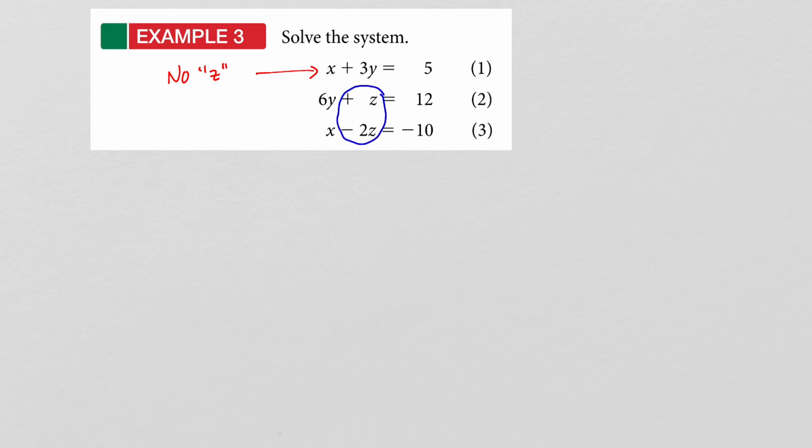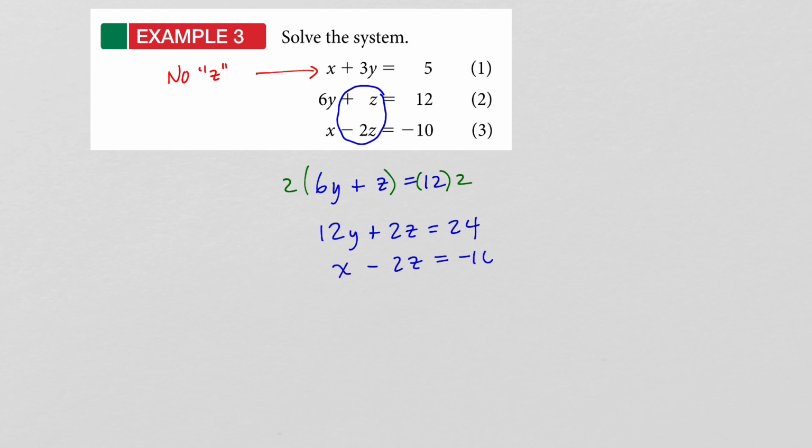So because of this fact, what I want to do is I want to get rid of the z in the other 2 equations. So to do this, I'm going to take the second equation, 6y plus z equals 12, and I'm going to multiply both sides by 2. And that's going to give us 12y plus 2z is equal to 24. And then the third equation is x minus 2z is equal to negative 10.